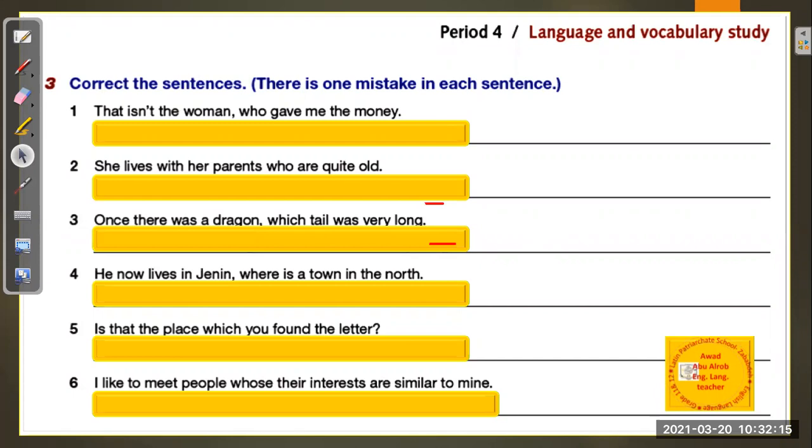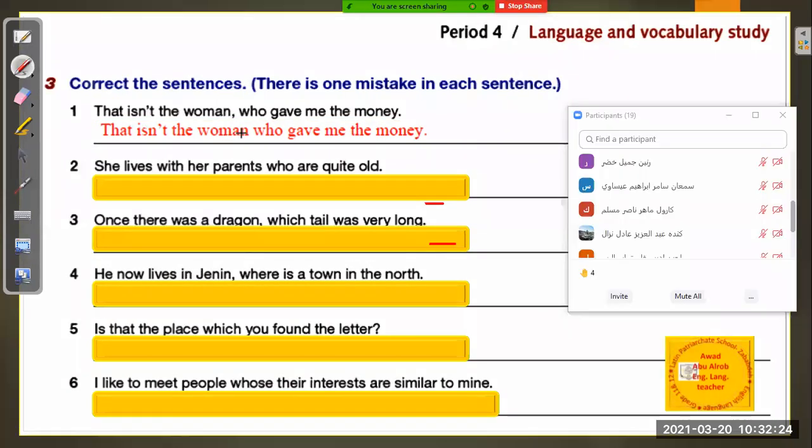That isn't the woman who gave me the money. Okay, so what did you do exactly? We removed the comma, right? We deleted the comma because this is defining. Why? It's a defining relative clause.